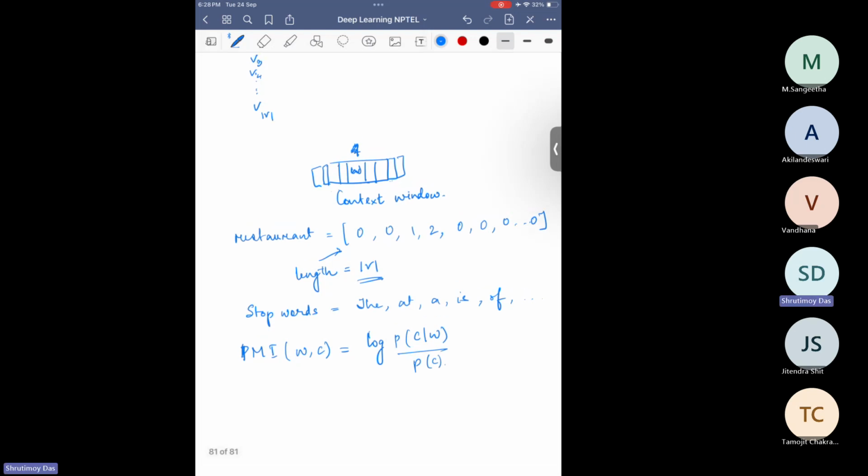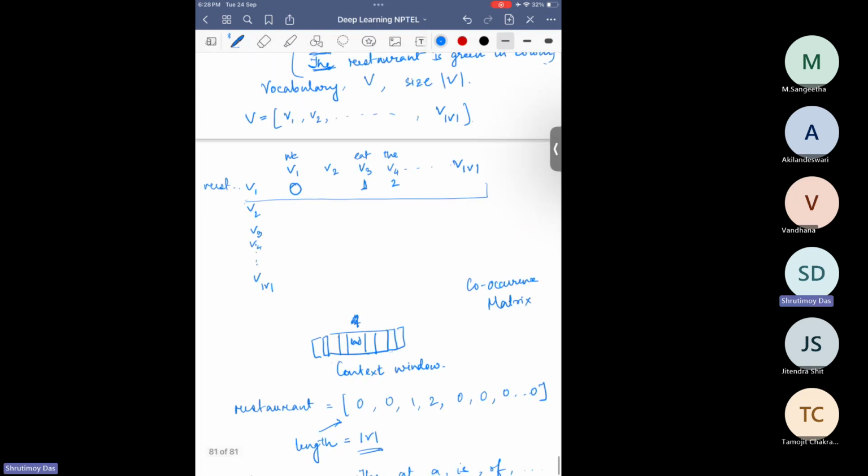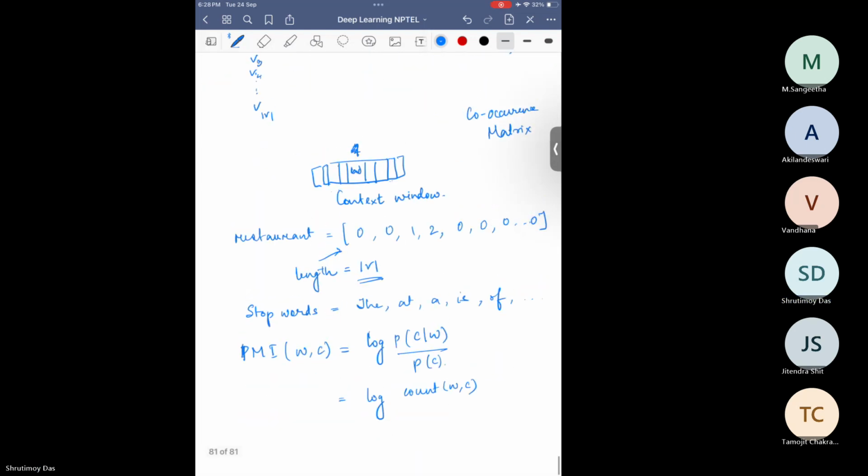So you have some count of WC, which is derived from the co-occurrence matrix that we constructed, giving us the count of the word and context pair.